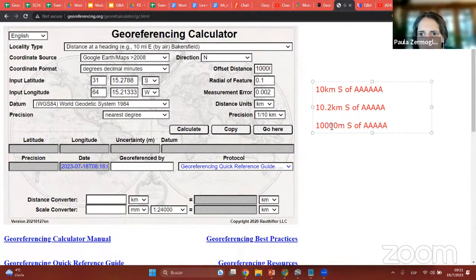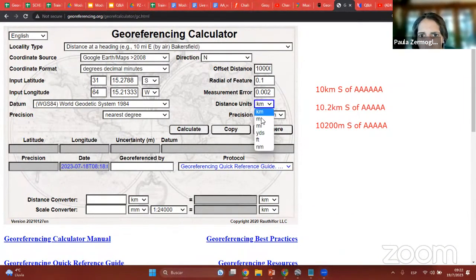I'm going to put 10.2 kilometers to make it similar to the second one. So in this case, we can think that this was 10,200 meters or 10,201 or 10,199. We can also think they are measuring every 100 meters, so it was 10,100 meters or 10,300 meters, the error to both sides.